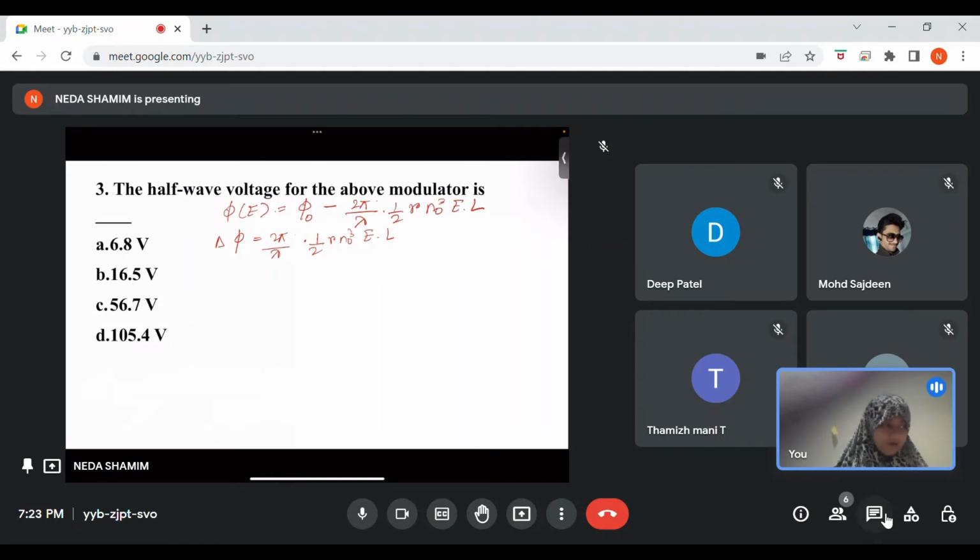So how much voltage should we apply such that there is a phase change of pi? What is the significance of this phase change of pi? What happens?